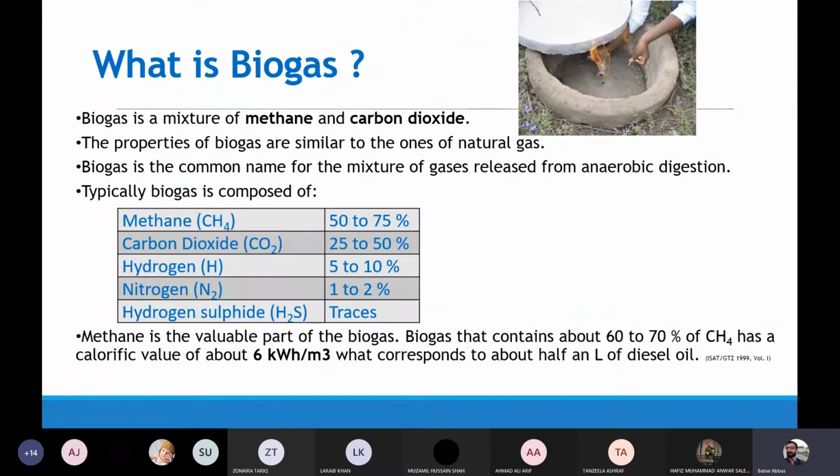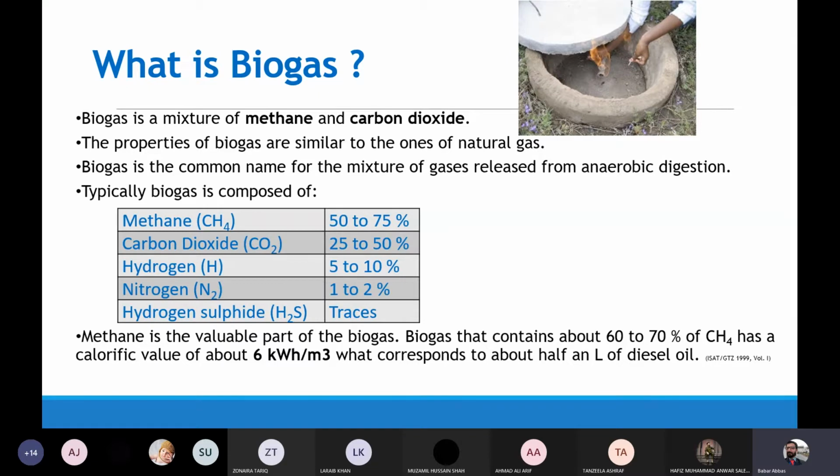Biogas is a mixture of methane and carbon dioxide. The properties of biogas are similar to the ones of natural gas. Biogas is the common name of the mixture of gases which are released from the anaerobic digestion. What is anaerobic digestion would be discussed in the later slides.